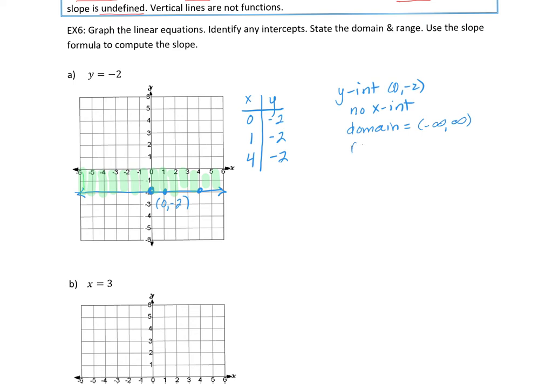The range is a little bit tricky. Imagine going from the bottom to the top. If I pick a y value here, it doesn't correspond to any x values. No y value touches the graph until I reach a y value of -2. So I know that -2 is in my range.